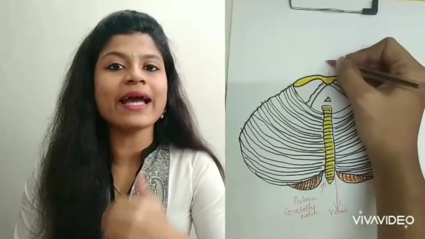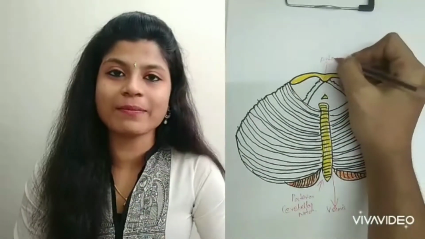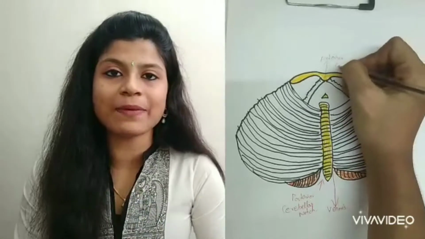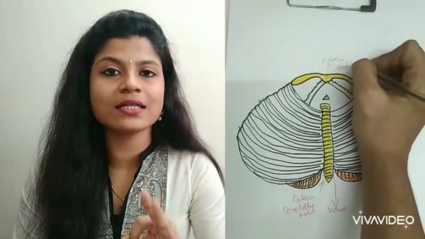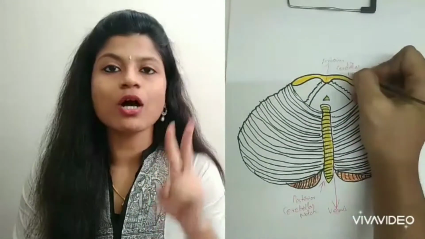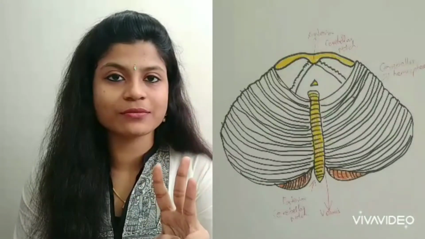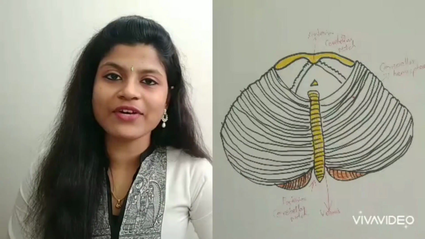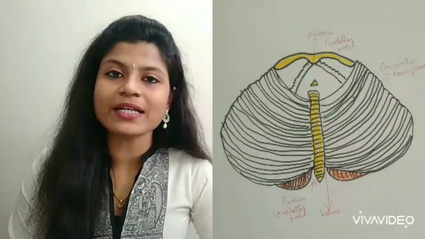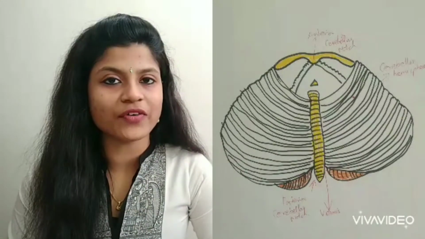The external features of the cerebellum are described as two surfaces, two notches, and three main fissures. The two surfaces are the superior surface and the inferior surface.